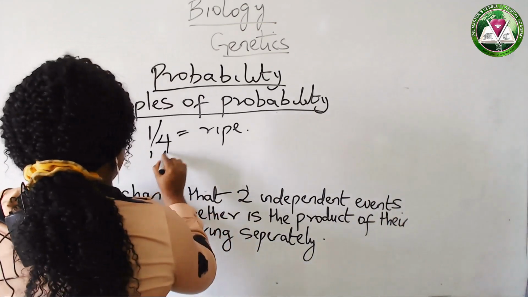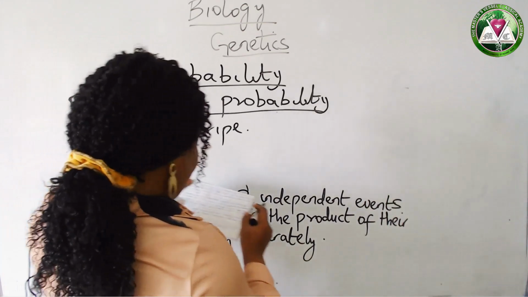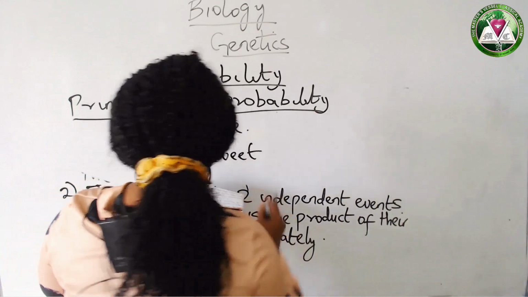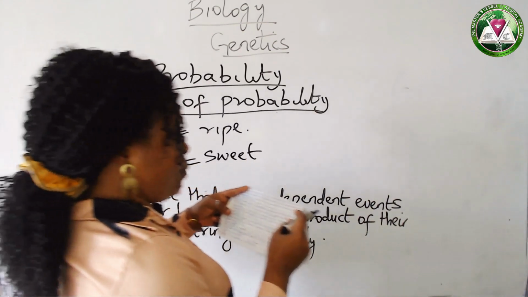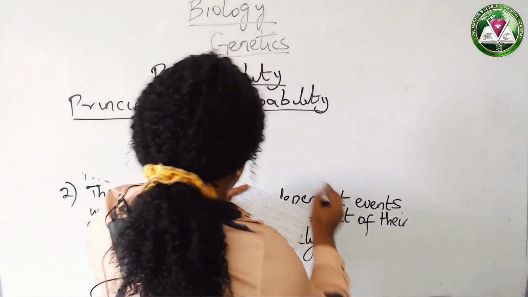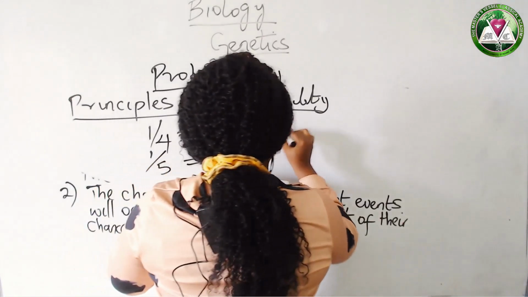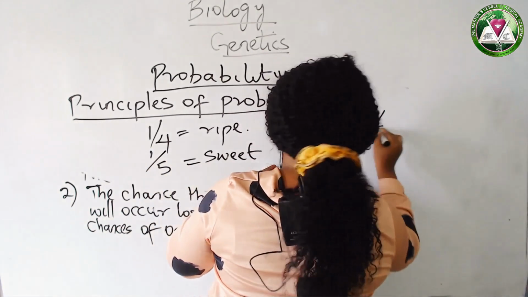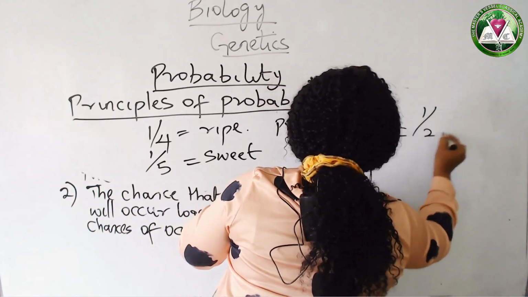And then one out of five in every farm is sweet. Now the probability that the fruit you pluck will be ripe and sweet is going to be 1/4 times 1/5, giving you 1/20.